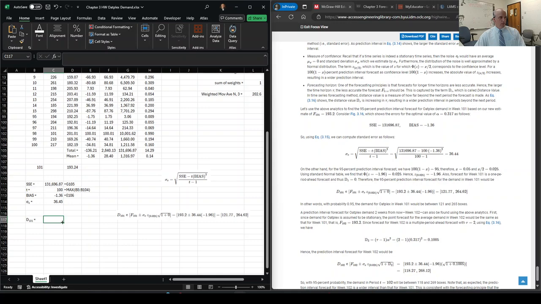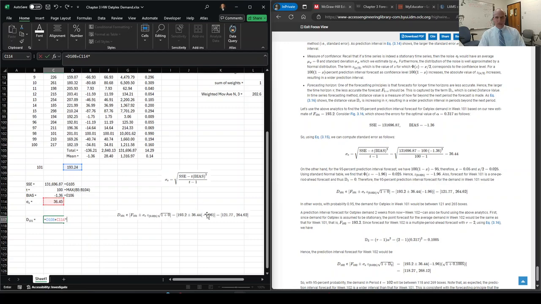So let's do this. The formula is going to be, way back up to our point forecast, which is 193.24, plus we're going to take our error, 36.45. We have a little bit different rounding error from the book, right? 36.44. We're using much more precise numbers, so our rounding is going to be a little bit different.